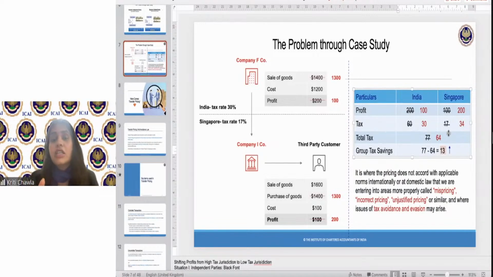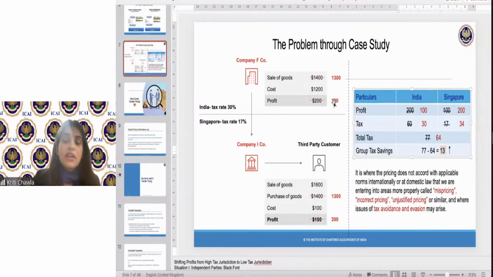And this is a classic example of shifting of profits from a high tax jurisdiction to a low tax jurisdiction. So initially the profit was 200, and the high tax jurisdiction is India, but they moved $100 to Singapore, which is a low tax jurisdiction.